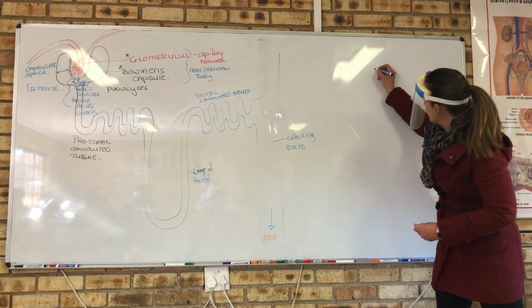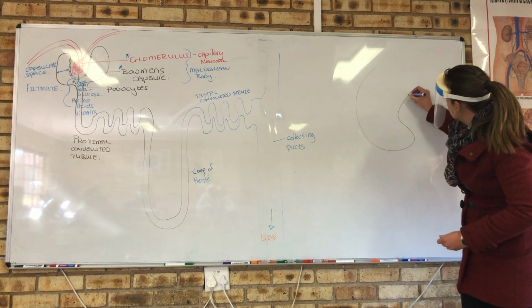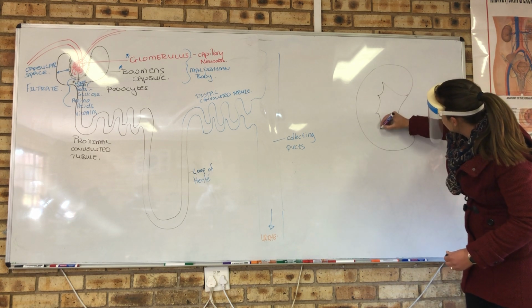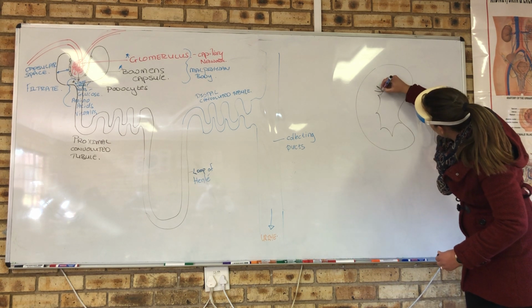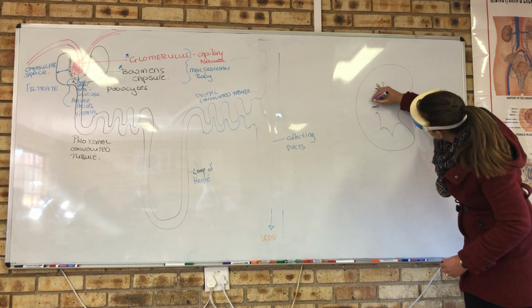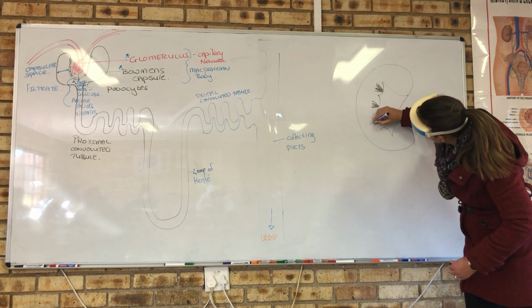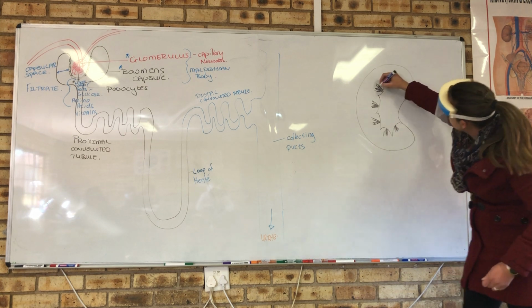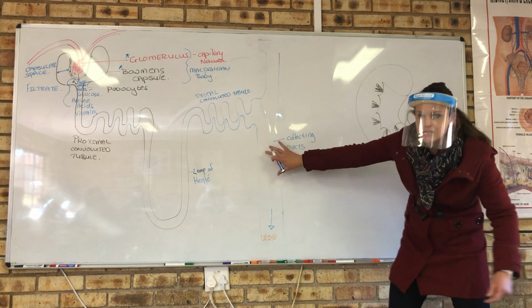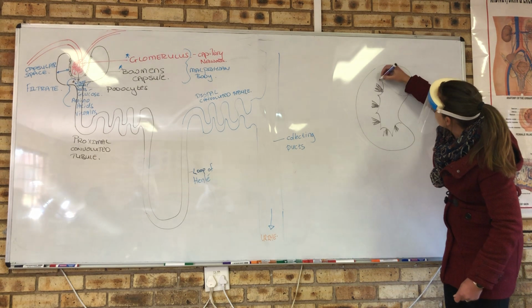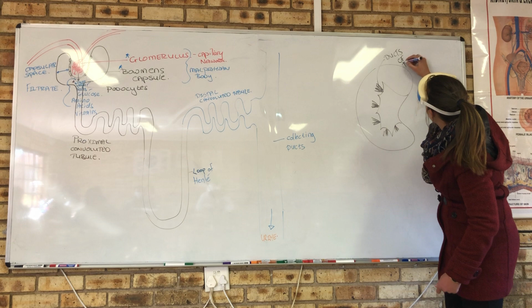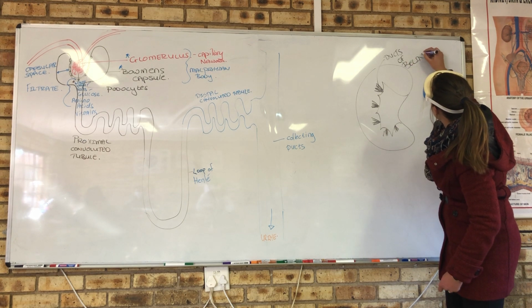Remember, go back to our kidney now. Okay, so at our kidney, yes, we have that renal pelvis. Those medullary pyramids. This is inside the kidney. These collecting ducts join to form these ducts called the ducts of Bellini.